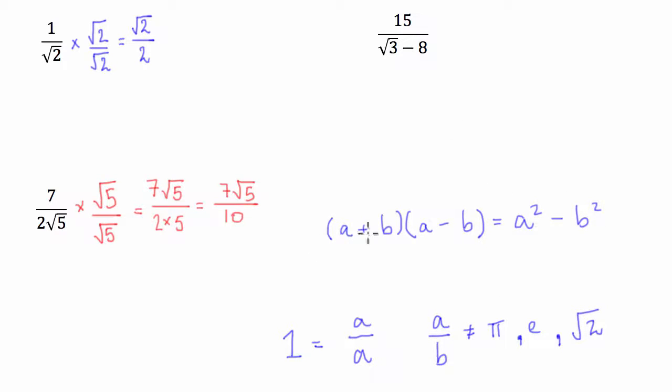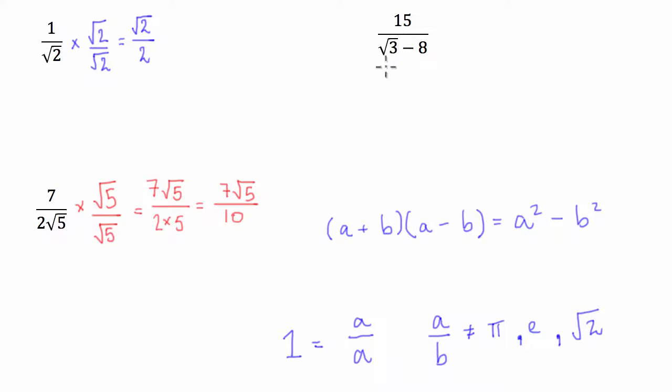We're going to use this in the case of a denominator which has an addition or a subtraction sign in it, because we can't just multiply it by a single irrational number. We have to multiply it by a set of numbers that will take account of the negative sign in the middle.